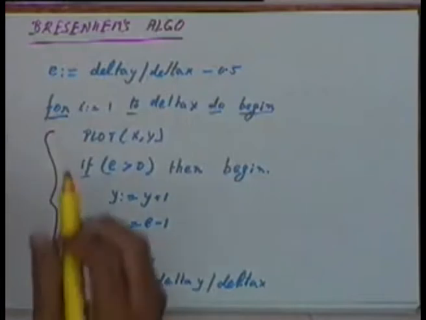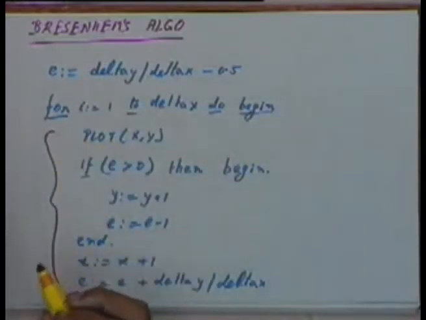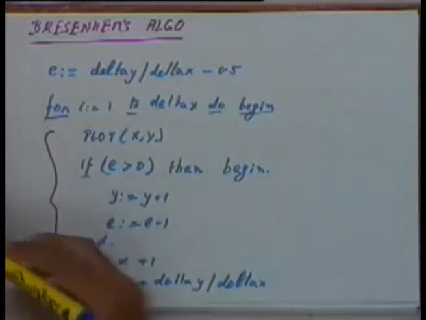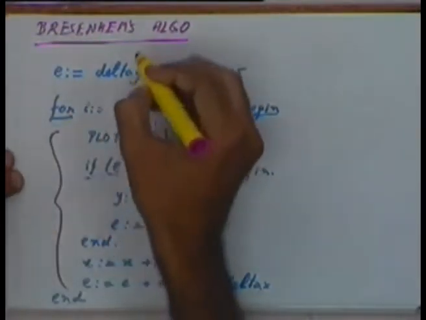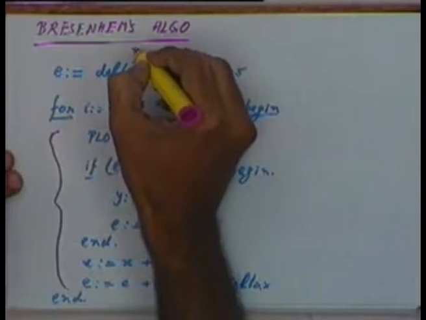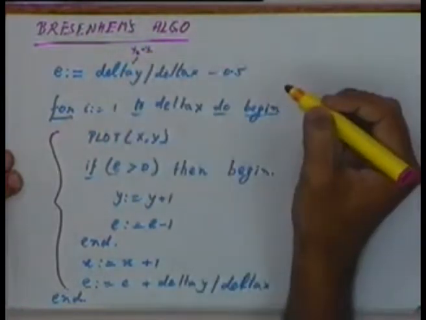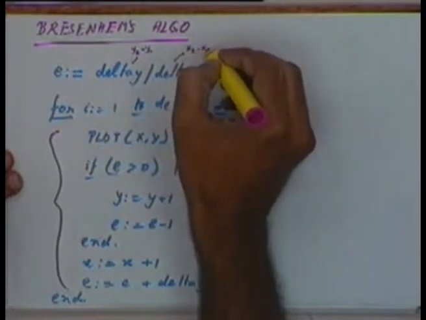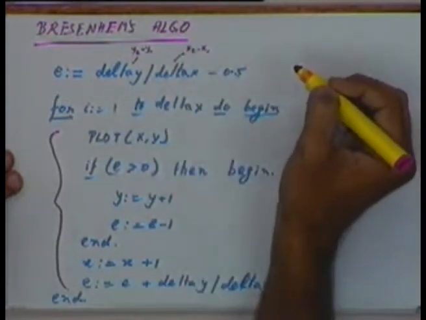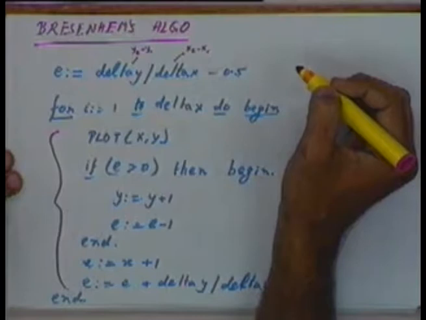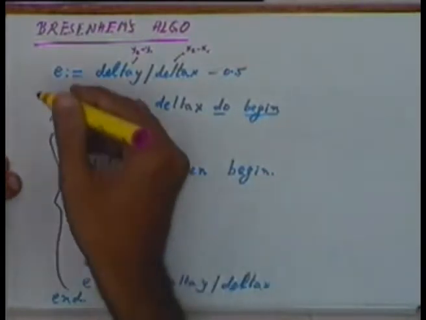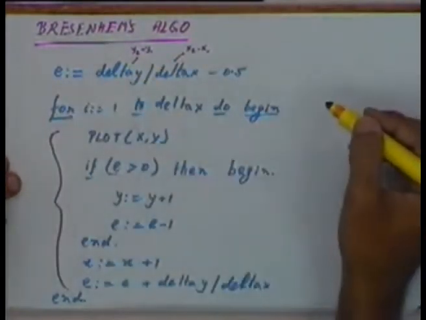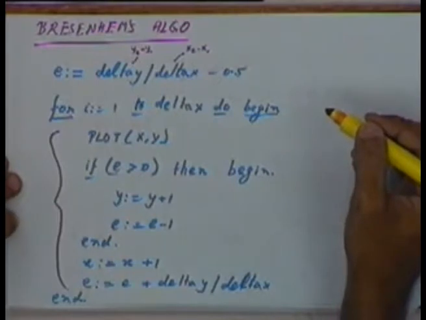And in this, delta y is nothing but y2 minus y1. Delta x is nothing but x2 minus x1. And of course E is the error term, x and y are the coordinates of the current pixel being displayed.